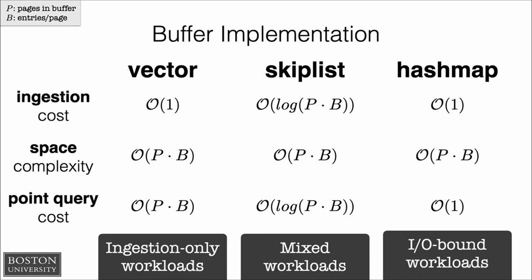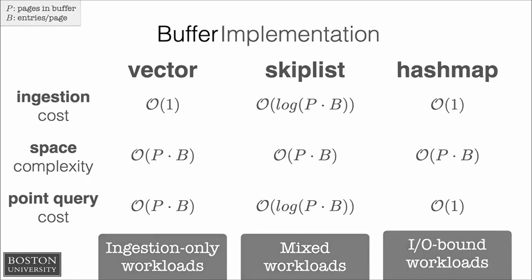On the other hand, if I have a mixed workload where reads and writes are interleaved and I really care about the tail latency of all the operations, I would rather go for a skip list. And lastly, if we have some extra CPU horsepower to spend because our workload is IO bound, we might as well go for a hash map based implementation of the buffer.